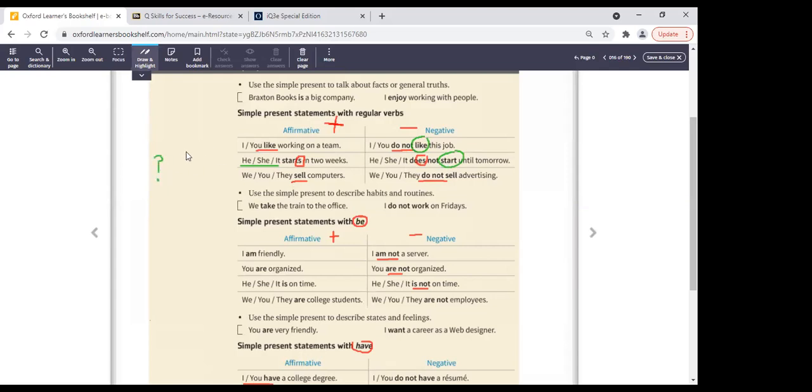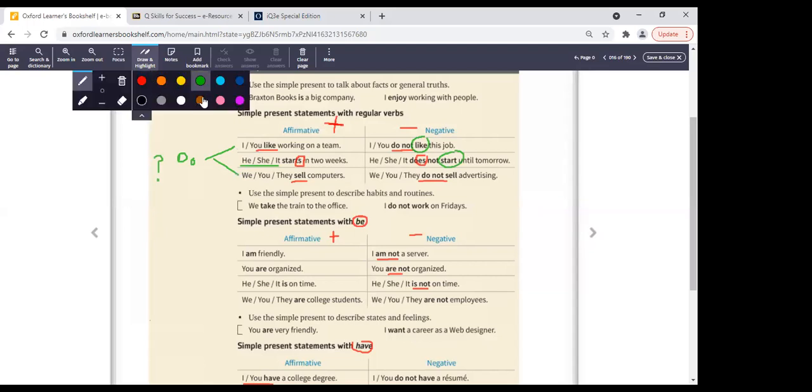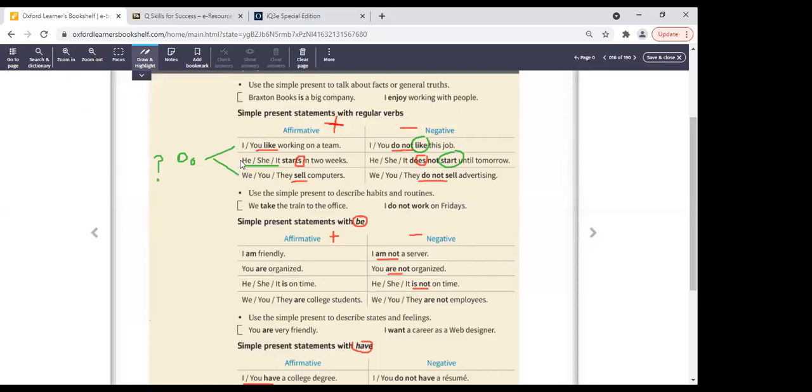So to make a question, we use do with I, we, you, and they. And for he, she, and it, we use does. Does he start? Does she start? Good.